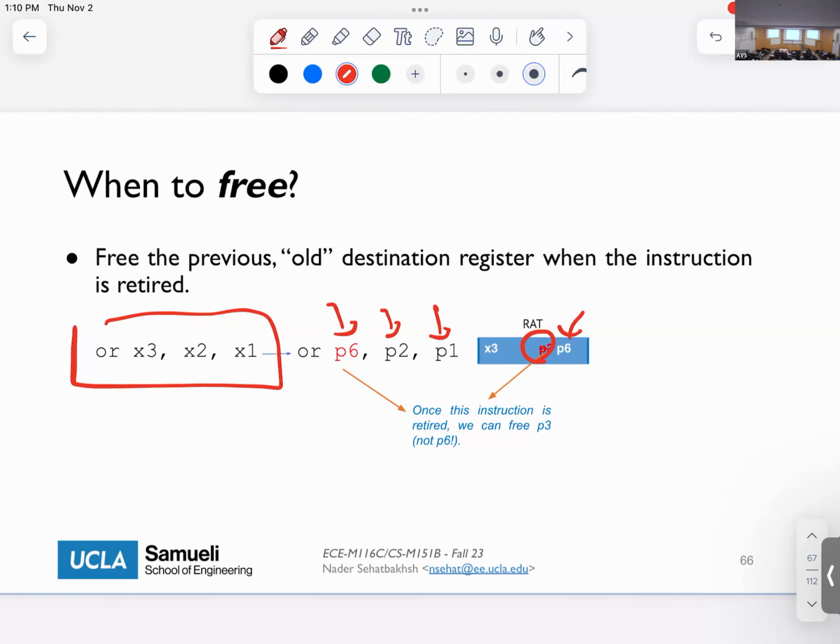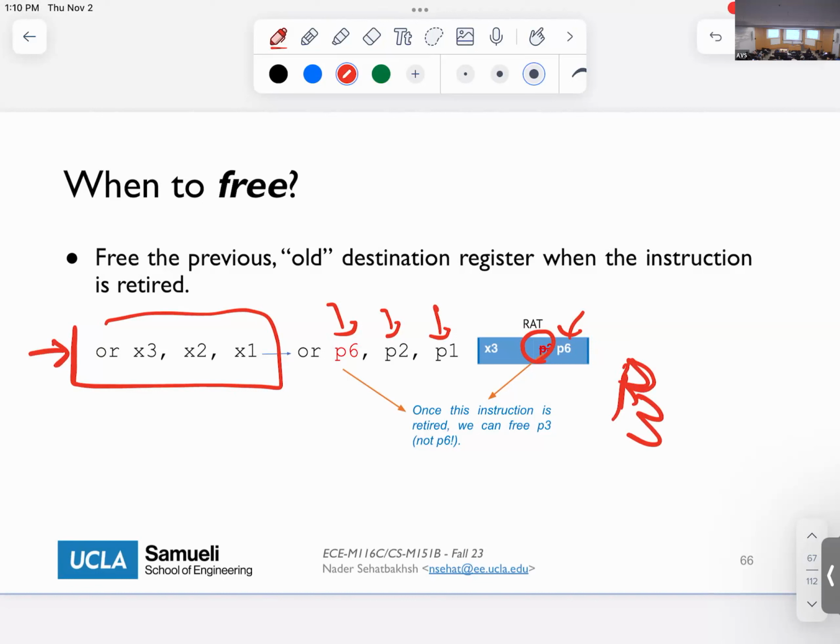When this instruction is retired, what we are going to free is P3, because this is the old destination register. This is the destination of the instruction prior to the instruction that I want to retire, okay? I'm going to give you an example and you're going to see how this would be helpful. But essentially, you always free the older destination register, not the current destination register.